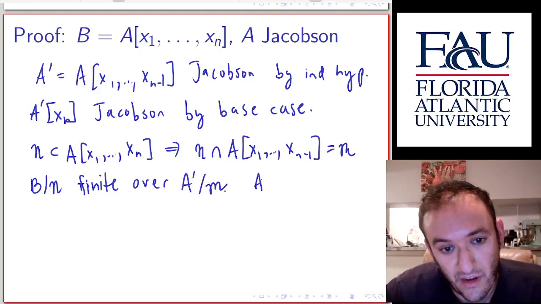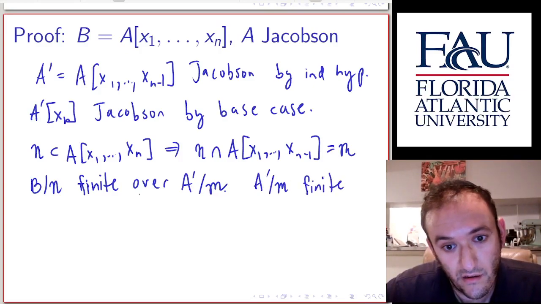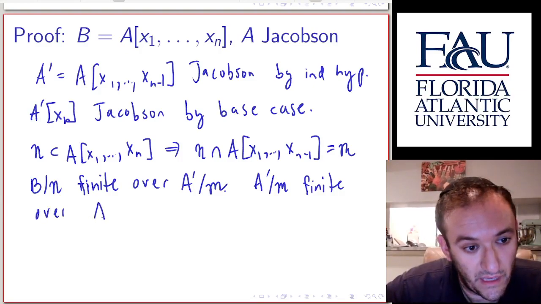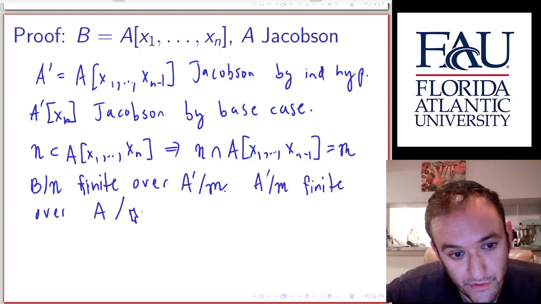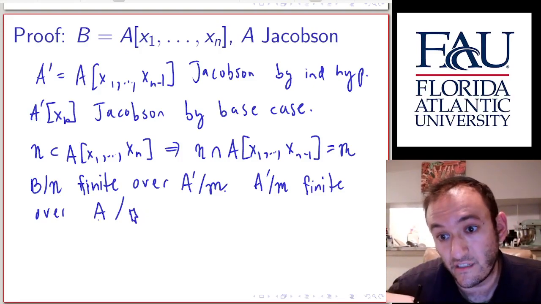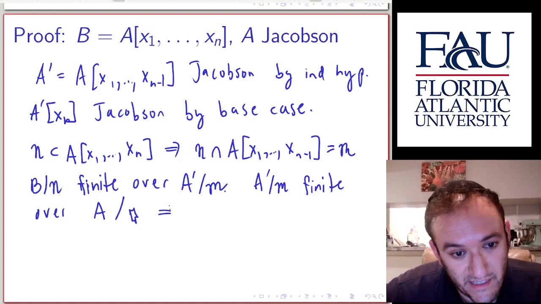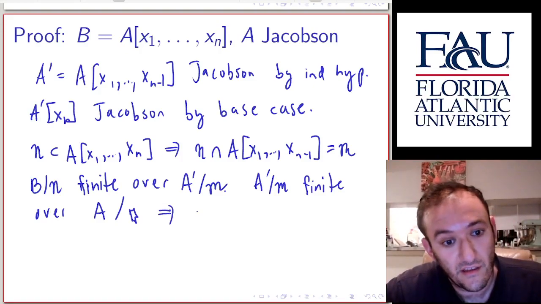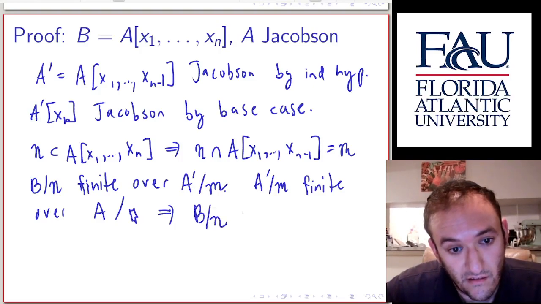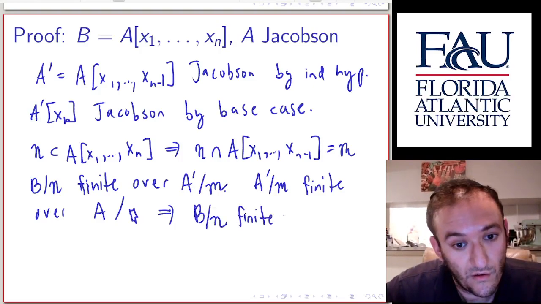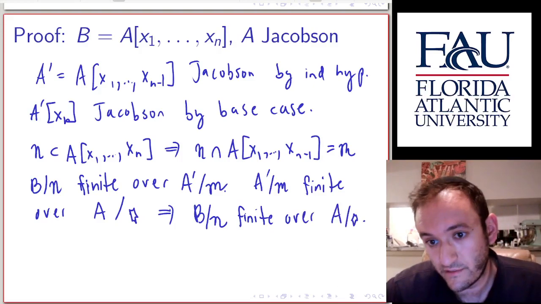But then A prime mod m is also finite over A mod O, let's call it O, the maximal ideal intersected with the ring A. So that implies, by transitivity of finite extension, that B mod n is also finite over A mod O, which gives the result.